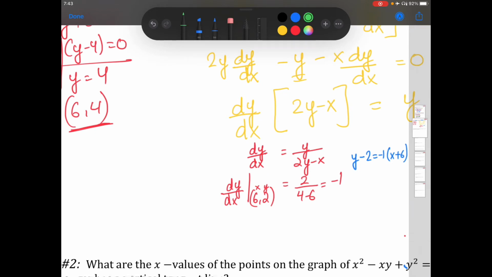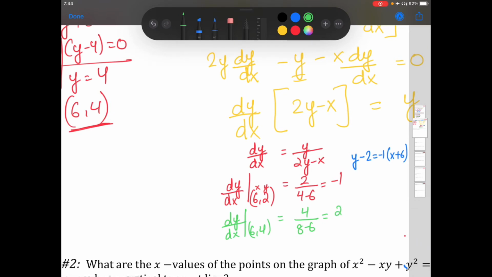So similarly, I'm going to find the slope for my second point, which is 6 comma 4. So dy over dx at 6 comma 4. Substitute your 6 and 4 in there. So it'll be 4 over 2 times 4 is 8 minus 6, which is 2. So 4 over 2 is 2.